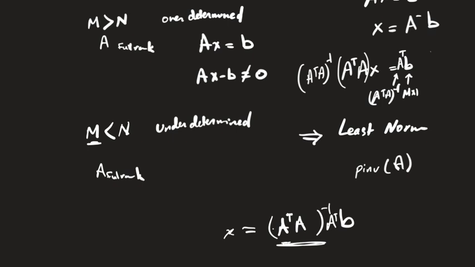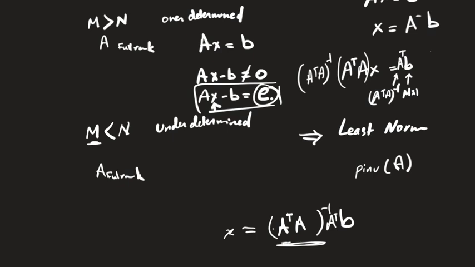What I can get is that Ax minus b equals some error value, e, which is not equal to 0. Then I find the e which is minimal, and minimizing this e allows me to find one single solution for the x variables. That's basically how they do that. It's called the least square solution.